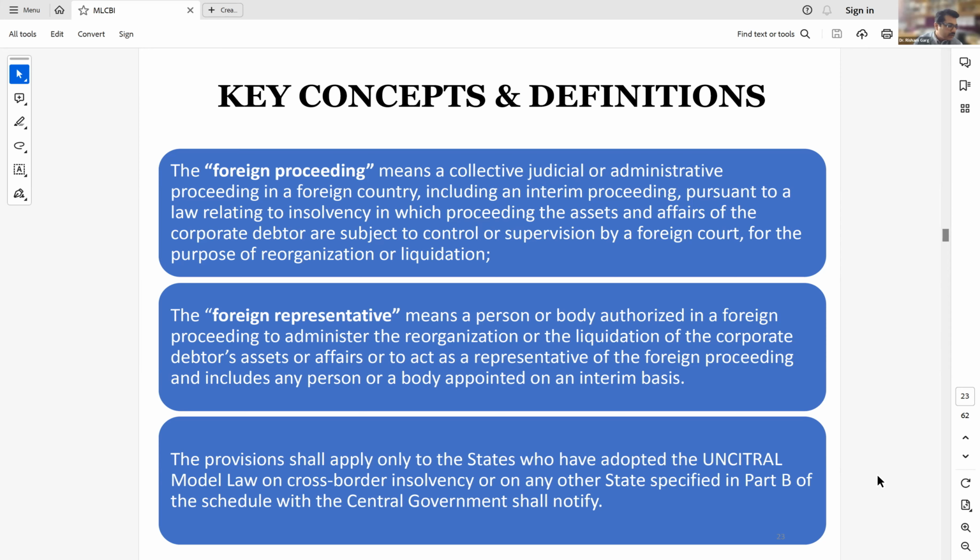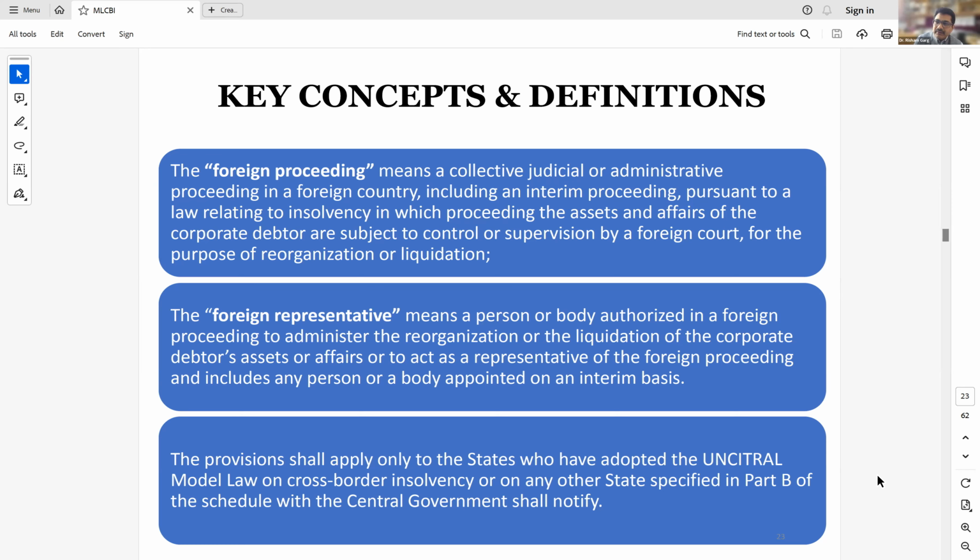The scenario in India is quite simplistic, but in other countries there are several grounds for filing insolvency applications, and there may be multiple courts also. So, what may amount to an insolvency proceeding?